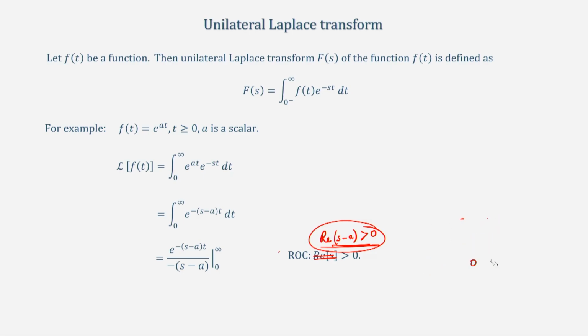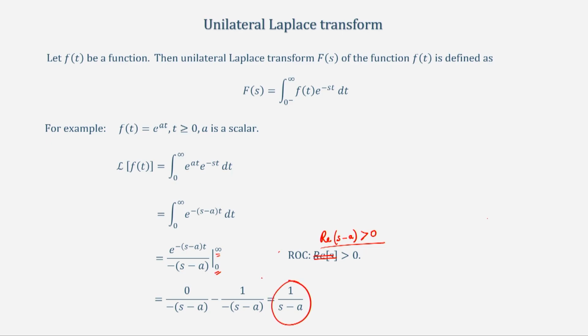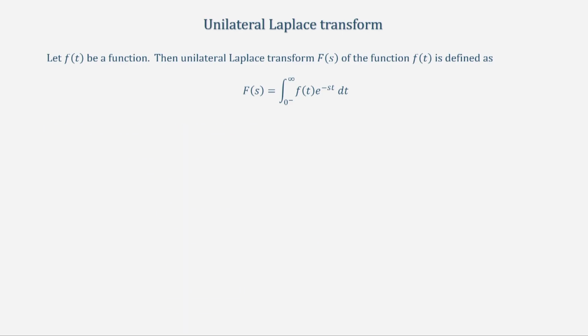The only thing you should keep in mind is that this Laplace transform is not always valid, it is only valid if the real part of s minus a is greater than 0. Okay. So suppose this is valid, then you can go ahead and put in the value of infinity here and the value of 0 in place of t. This is what you will get, and finally you end up with 1 by s minus a.